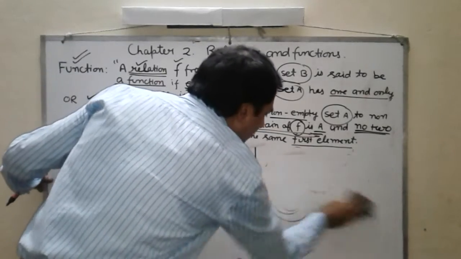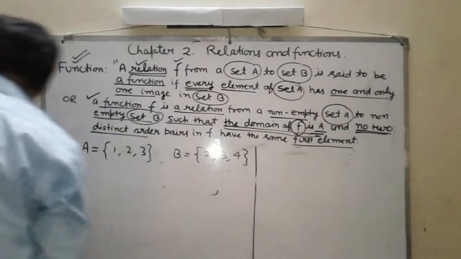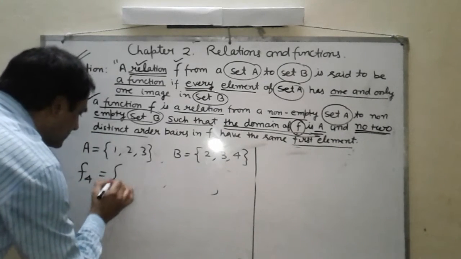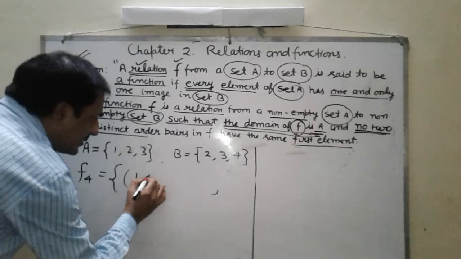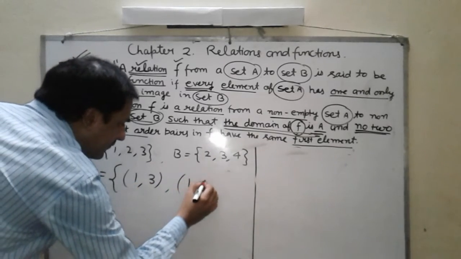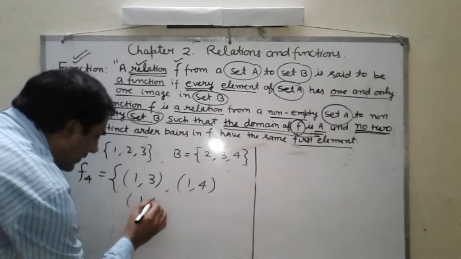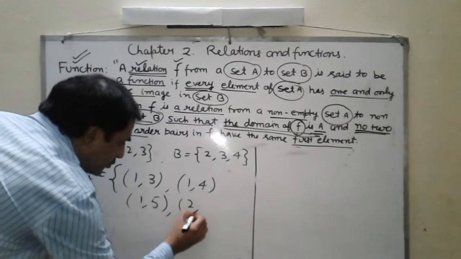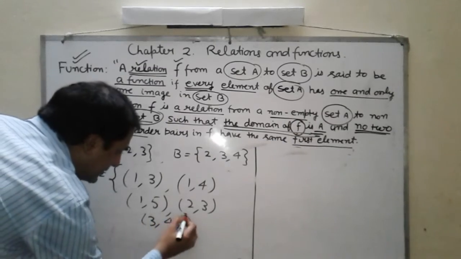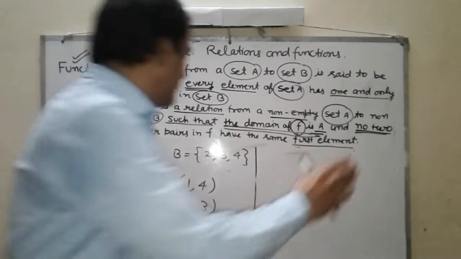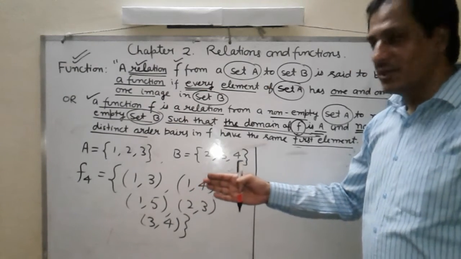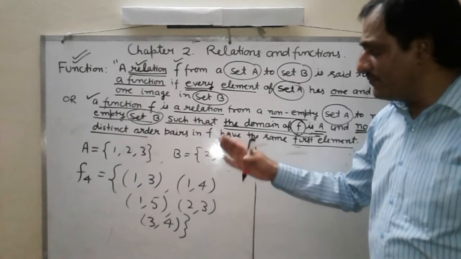Now I am taking one more example, F4: (1, 3), (1, 4), (1, 5), (2, 3), (3, 4). Children, can you tell me if this is an example of a function? No, this is not an example of a function.